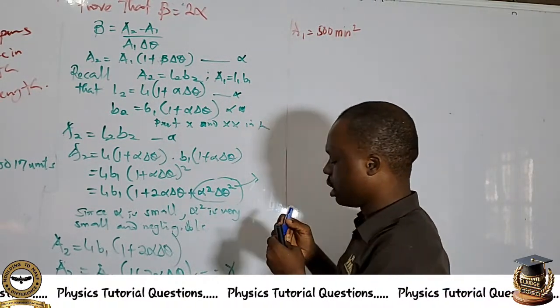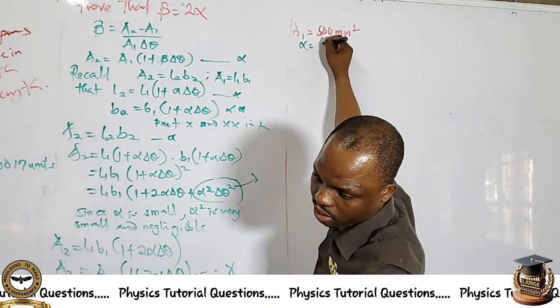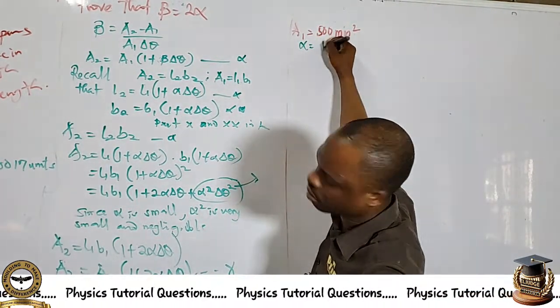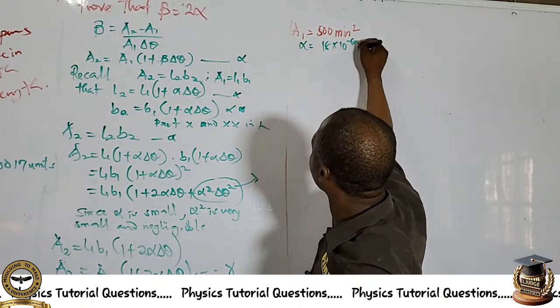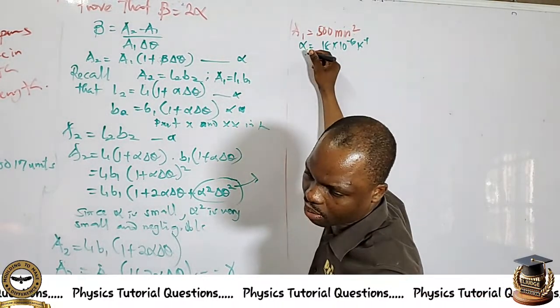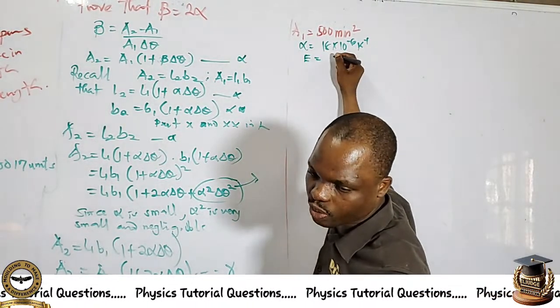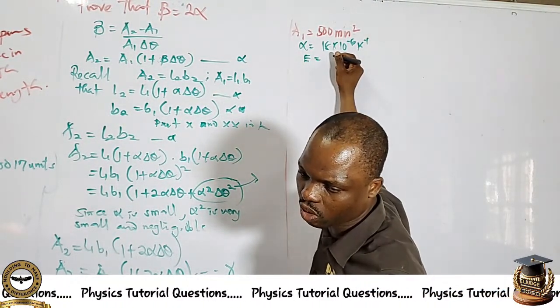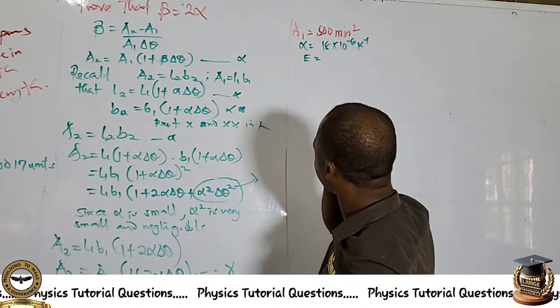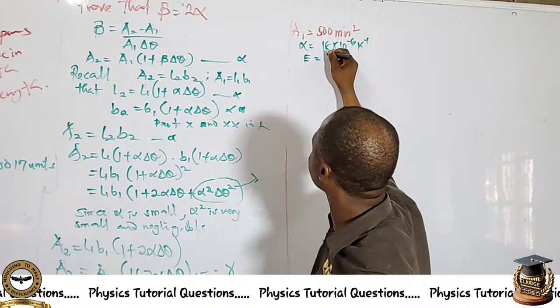Linear expansivity is given to us as 18 times 10 raised to minus 6 per Kelvin, and we are looking for rise in temperature, that's the E part. This page 56 of your new school physics has this question in tabular form. So we are looking for the E, which is the rise in temperature.